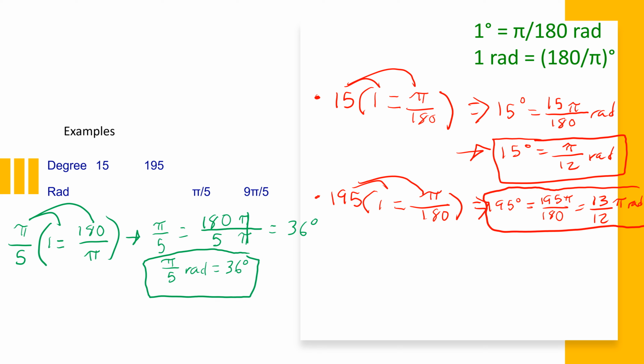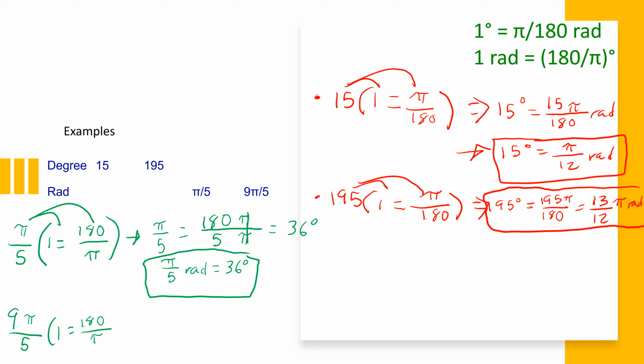Now you can, again, pause this video, try 9 pi over 5 and convert that. So I'm going to take 9 pi over 5 and repeat the process, using the same formula.